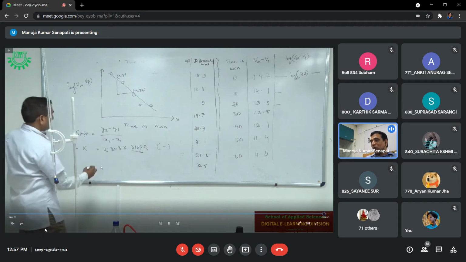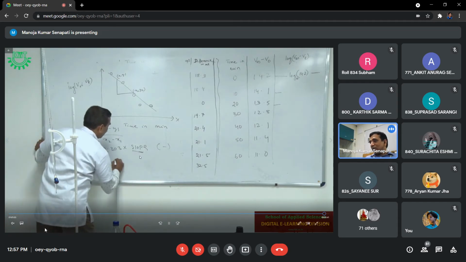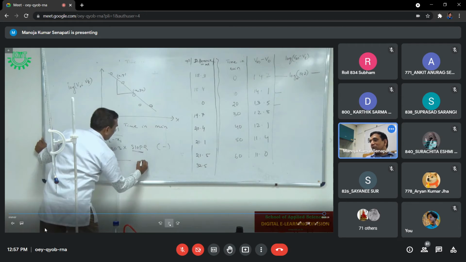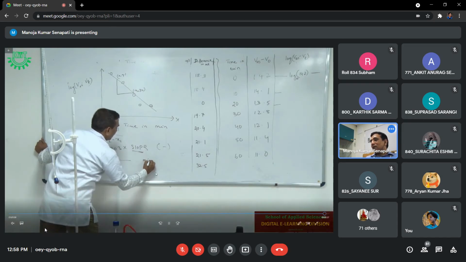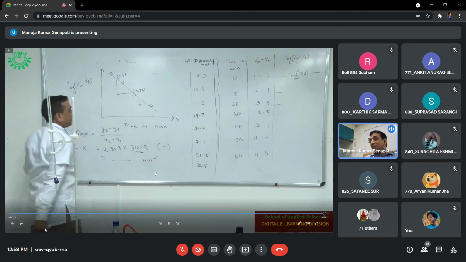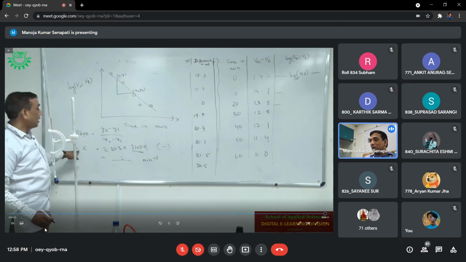So k is equal to whatever you are getting. What will be the unit? Unit is minute inverse because you have taken time in minutes. So your k value will be in minute inverse. But you have to express the value of k in second inverse. So what you will do?